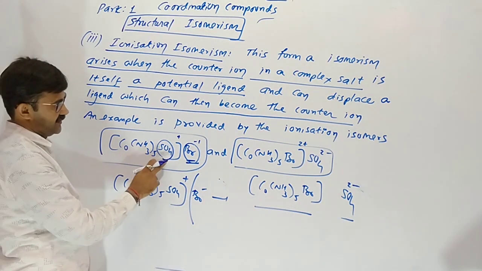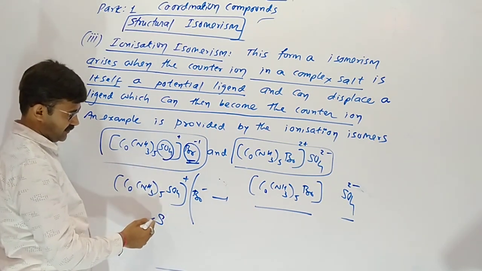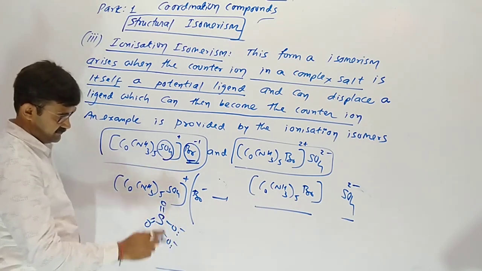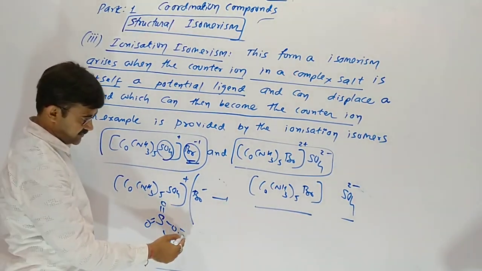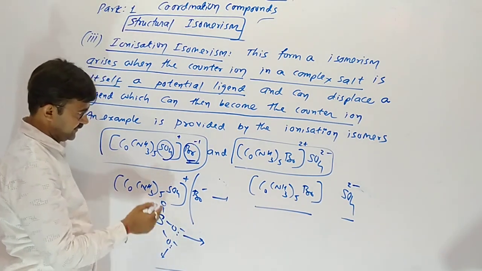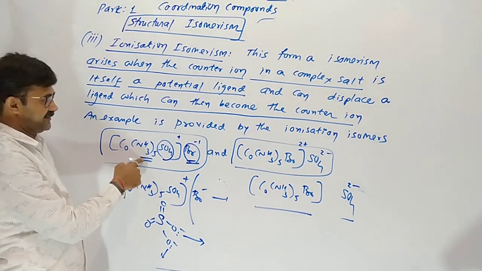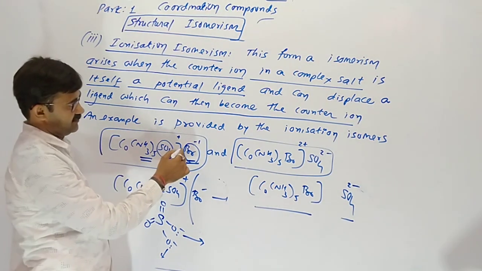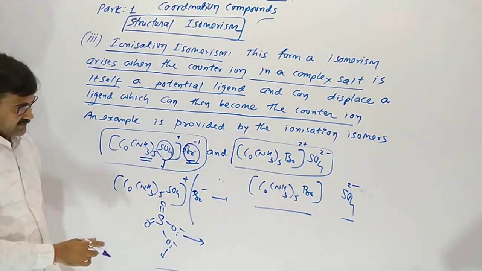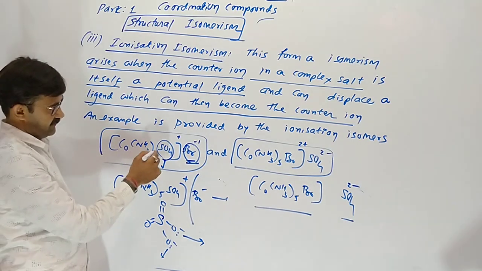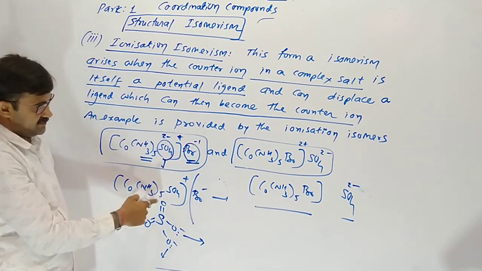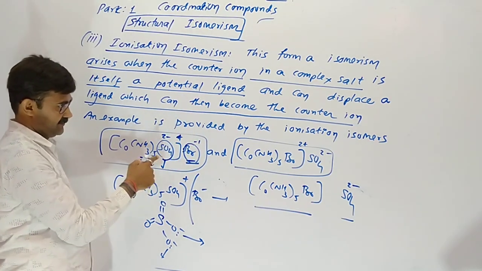Actually sulfate can behave as both, sometimes monodentate and sometimes bidentate. Here 5 bonds are already done, so yes, monodentate. Bromide is monodentate. Here the charge of sulfate is -2, bromide is -1, so here it should be +1.